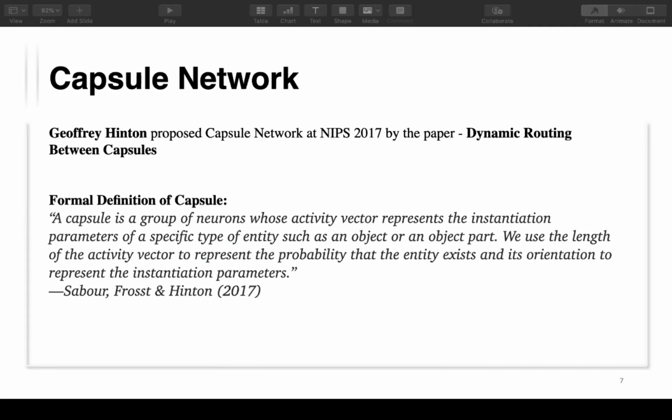The formal definition of a capsule is that a capsule is a group of neurons whose activity vector represents the instantiation parameters of a specific type of entity, such as an object or an object part. The length of the vector represents the probability that the entity exists, and its orientation represents the instantiation parameters. Maybe this formal definition is quite hard to understand, so let's use some examples to understand it intuitively.